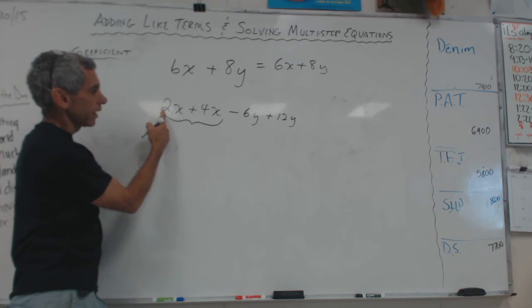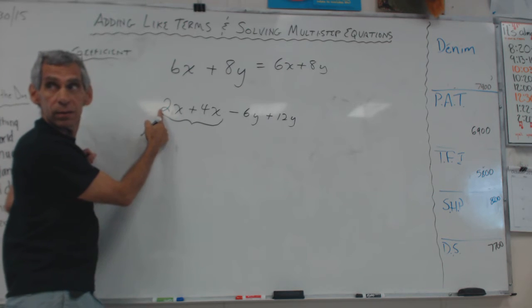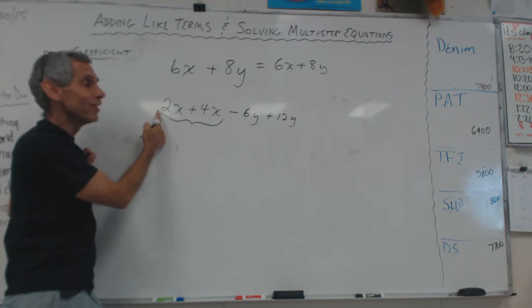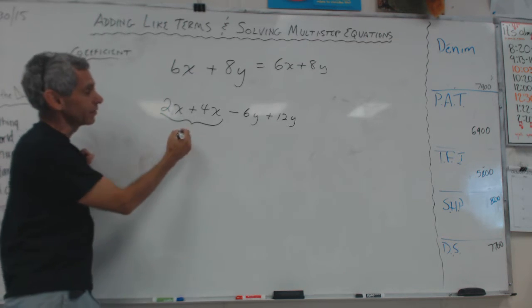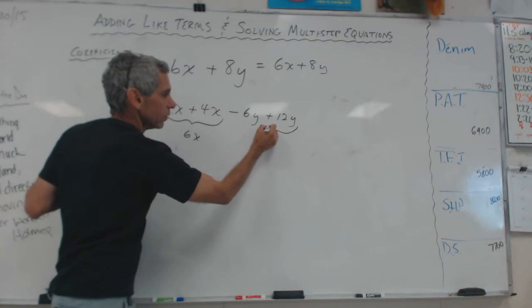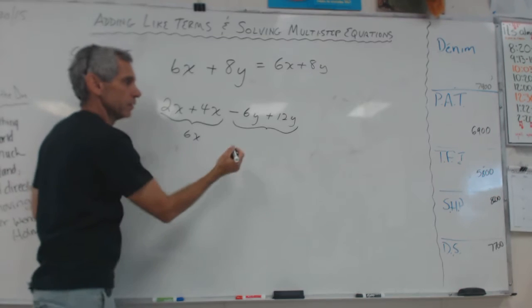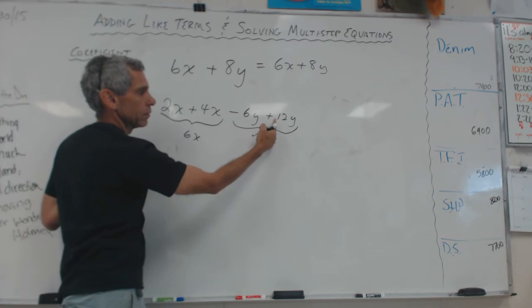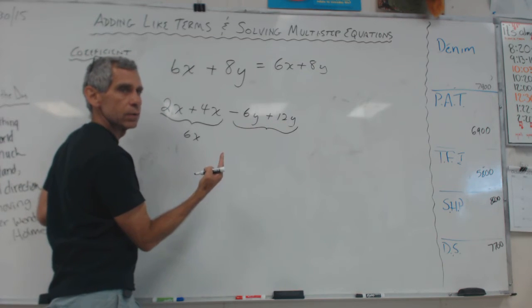So I can add 2x and 4x, and the numbers are called the coefficients, right? Add the coefficients, yes. So it'd be 6x. And then what do I do here? Those are like terms, so you do negative 6y plus 12y, which would be 6y.